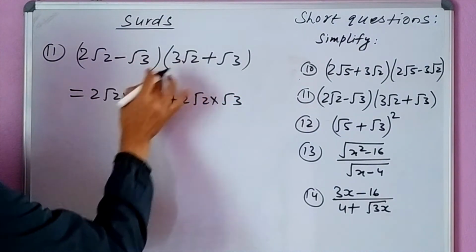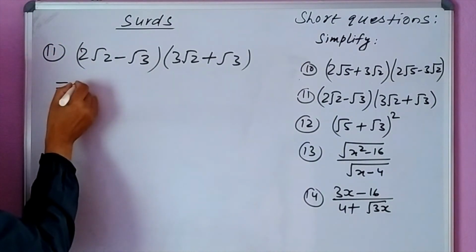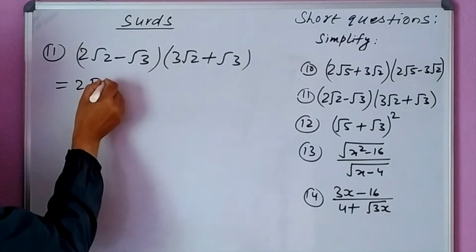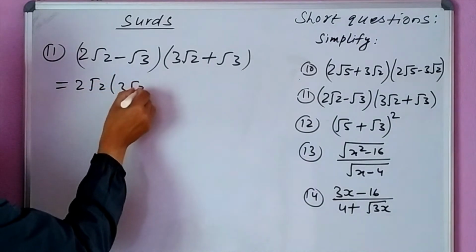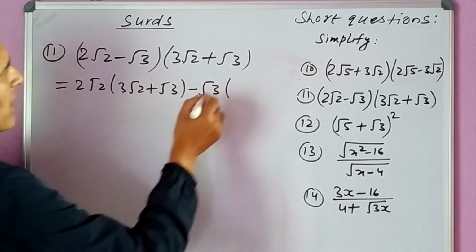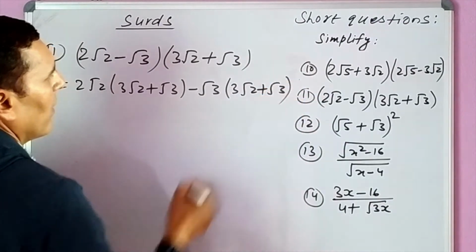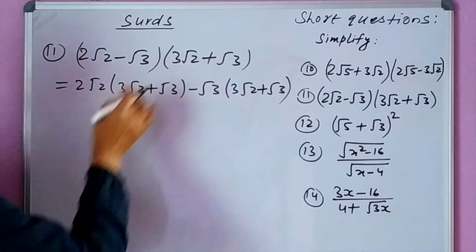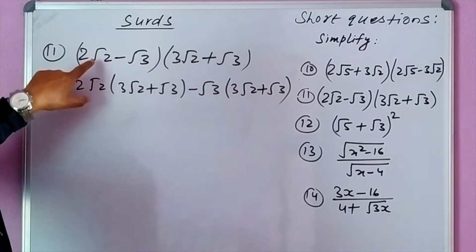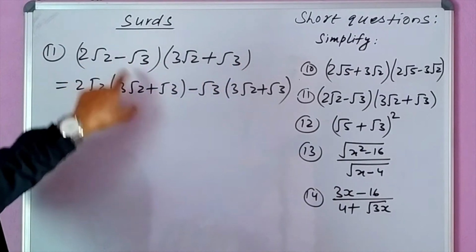You can also do it like this, it will be easier for you: 2 root 2 times 3 root 2 plus root 3, minus root 3 times 3 root 2 plus root 3. First 3 root 2 plus root 3 is multiplied by 2 root 2. Again 3 root 2 plus root 3 is multiplied by this minus root 3.